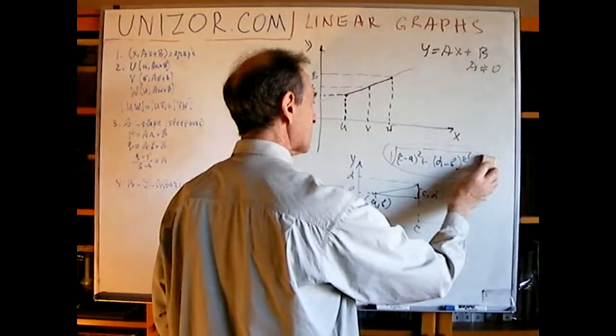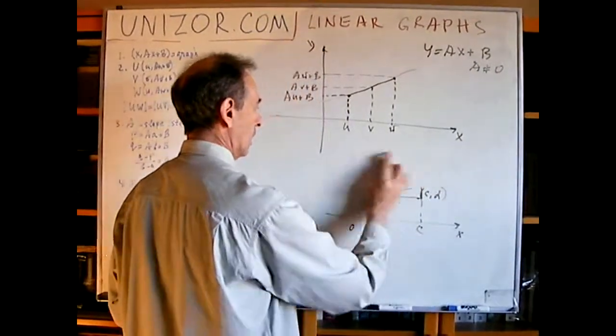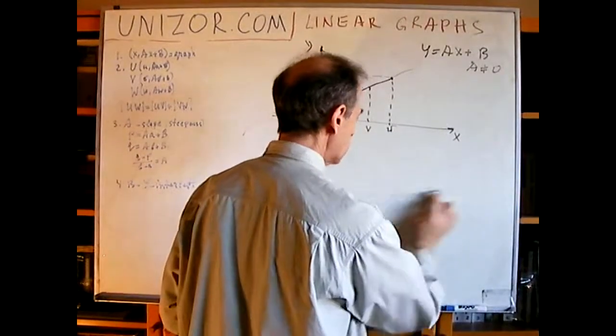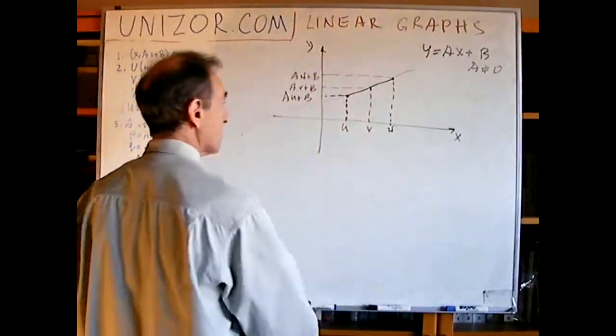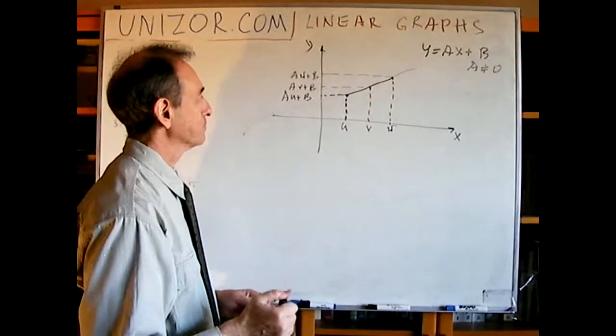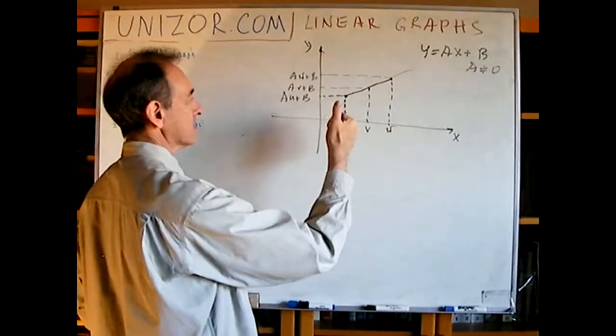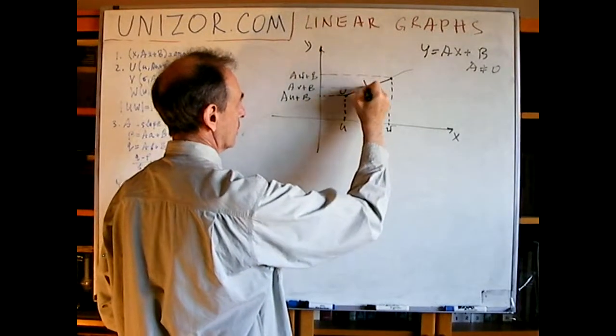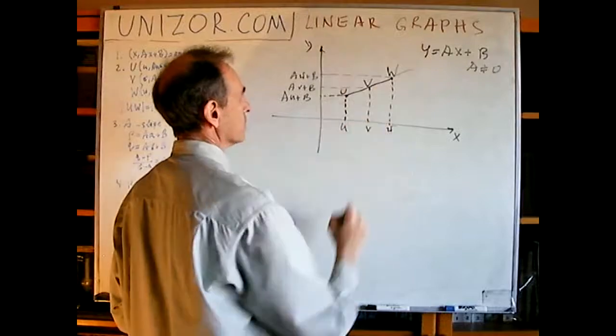So basically that's enough of the preliminary information which I need to prove that this is a straight line. And here is how. I will calculate the distance, let's call these U, V, and W points.